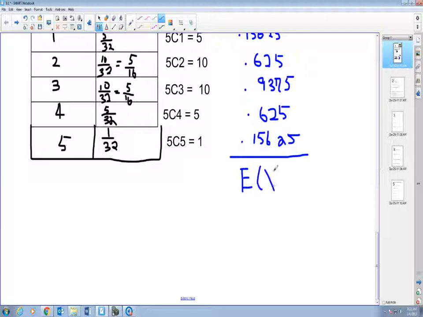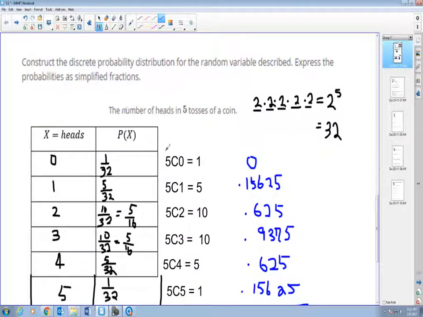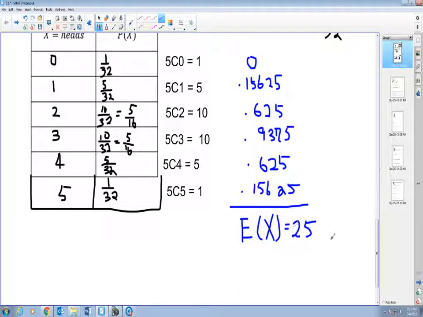So remember, my random variable x represents the number of heads. Out of the 5 tosses, if I flip a coin 5 times, I am expected in the long run to get 2.5 heads, which is half of the 5 tosses.